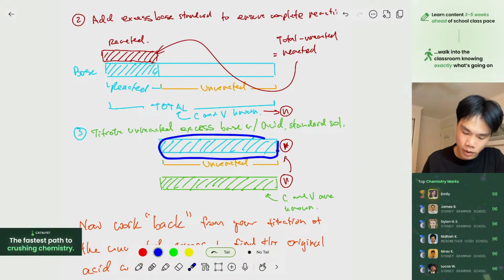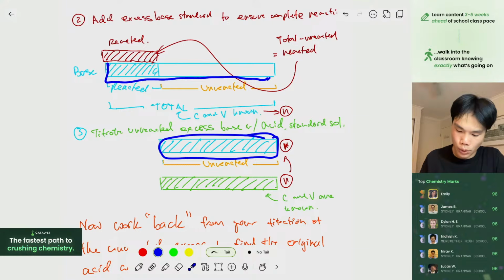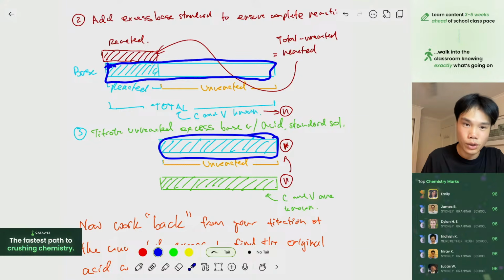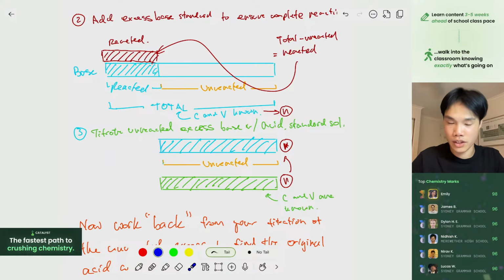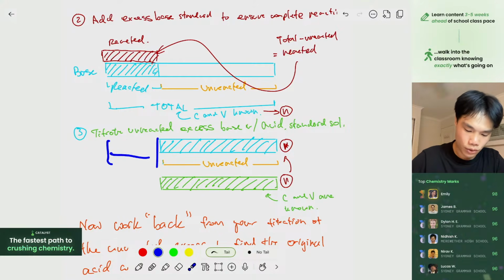So you know the excess base, and you know the original total base, because you know the initial volume and concentration of base you added in, which means you can find the reacted by subtracting them away. And hence your back titration is complete, because you can use this reacted portion to find how much acid was reacted total.